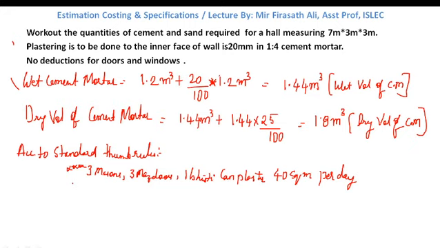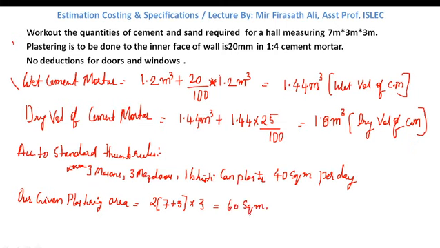So if we consider our plastering area, the given plastering area is how much? 2 into (7 plus 3) into 3, which is equal to 60 square meters.